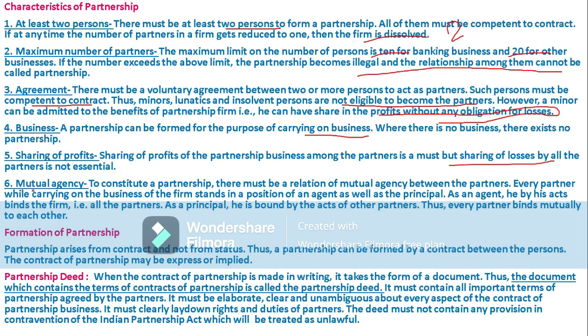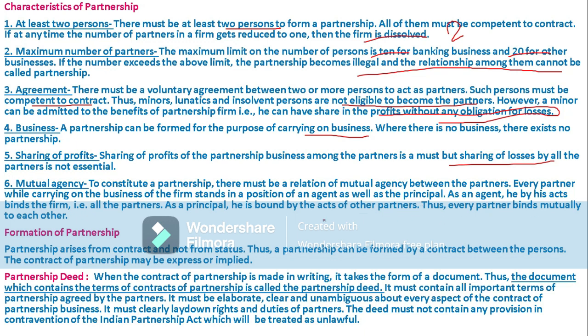Okay, now mutual agency. To constitute a partnership, there must be a relation of mutual agency between the partners. Every partner while carrying on the business of the firm stands in a position of an agent as well as the principal. As an agent, he by his acts binds the firm. His acts bind the firm, meaning all the partners. As a principal he is bound by the acts of other partners.